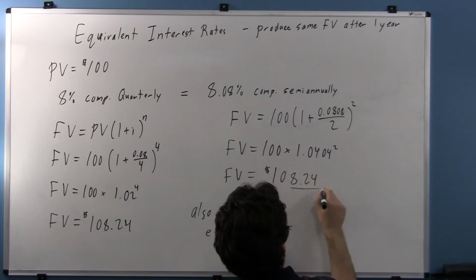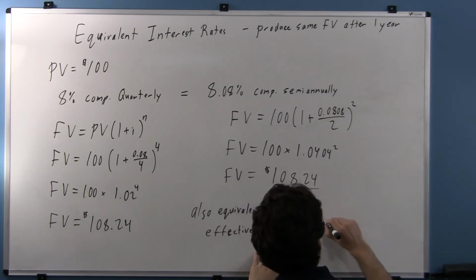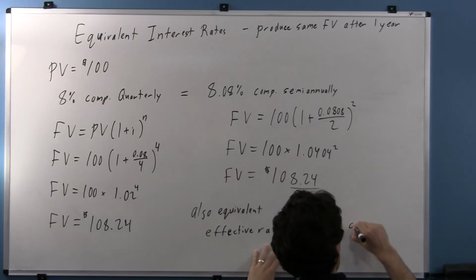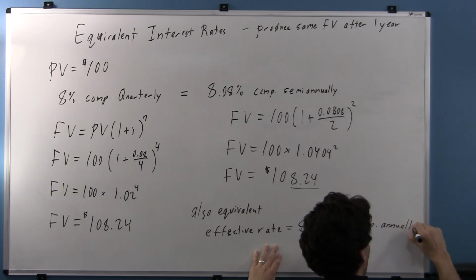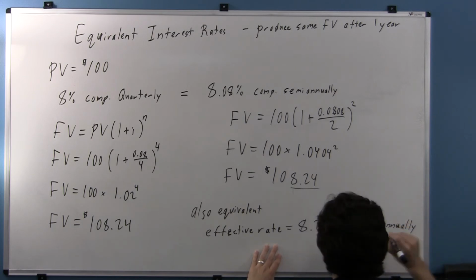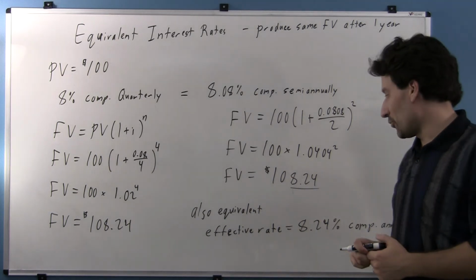It's 8.24% compounded annually. That's how much you earned on the $100, $8.24, so it's 8.24%.